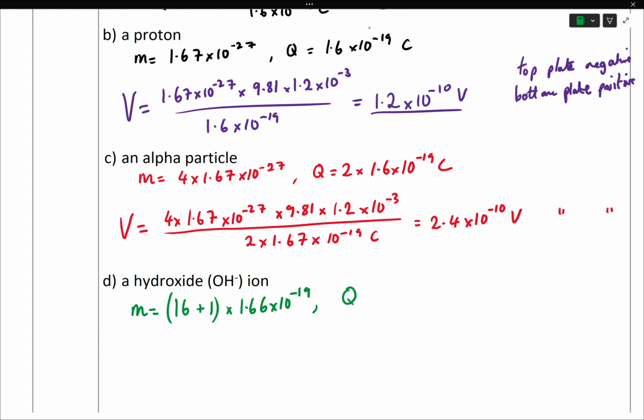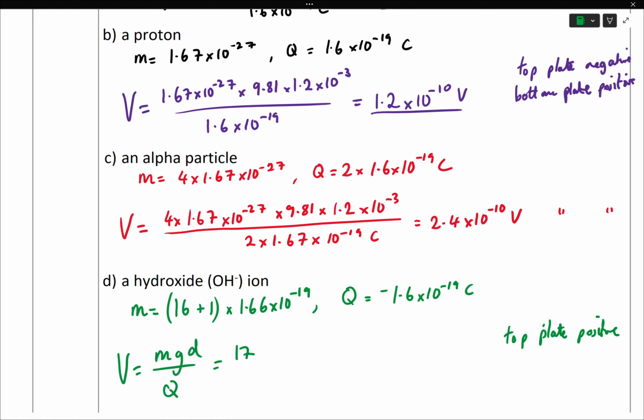Its charge is minus 1 times the charge of the electron, so minus 1.6 times 10 to the minus 19 coulombs. Because it's negative, we're going to want the top plate to be positive. And again, the voltage then is still equal to mgd over q.